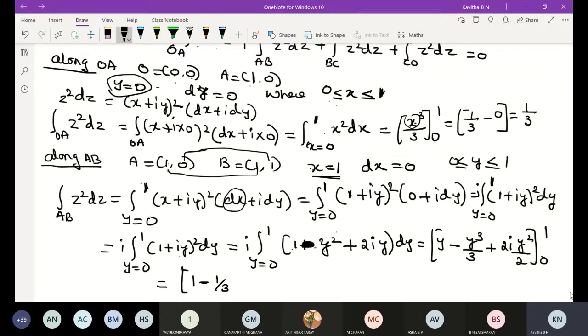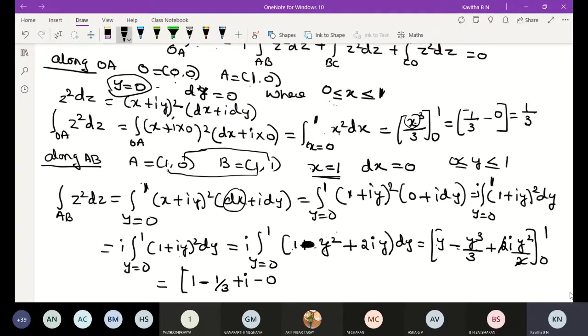This one is completed. Here the 2 gets cancelled. Apply the upper interval: y square is 1, means plus i. Then minus, apply the lower interval, 0 minus 0 plus 0.